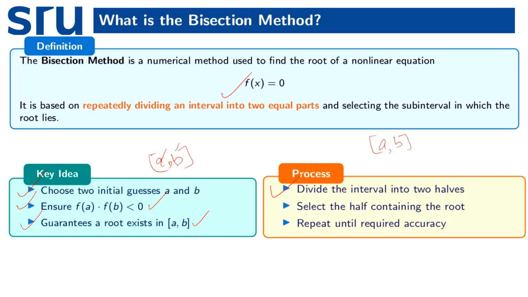Here, the midpoint will be m = (a + b) / 2. Now we check the value of the function f(x) at the point m. That is, we find f(m).